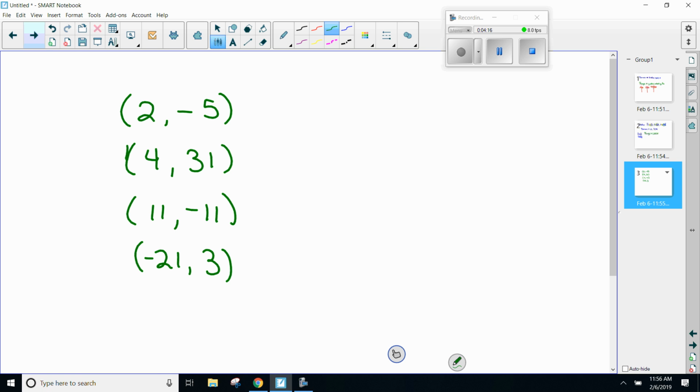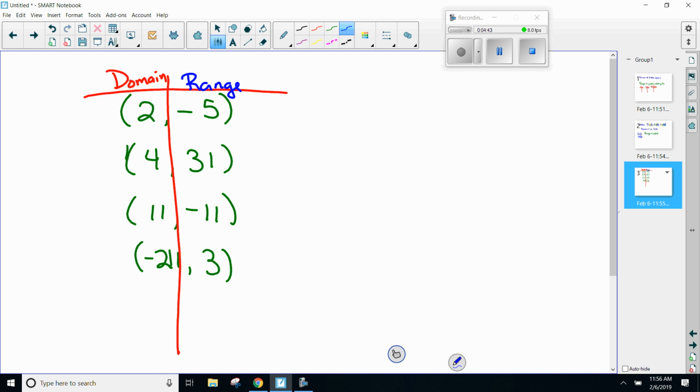And if they ask you for the domain, there's your domain. Your domain values are 2, 4, 11, and -21, even though my line kind of crossed right there. Let me make that better. It's -21. And what are your range values? Yep. Your range values are just the y, -5, 31, -11, and 3.